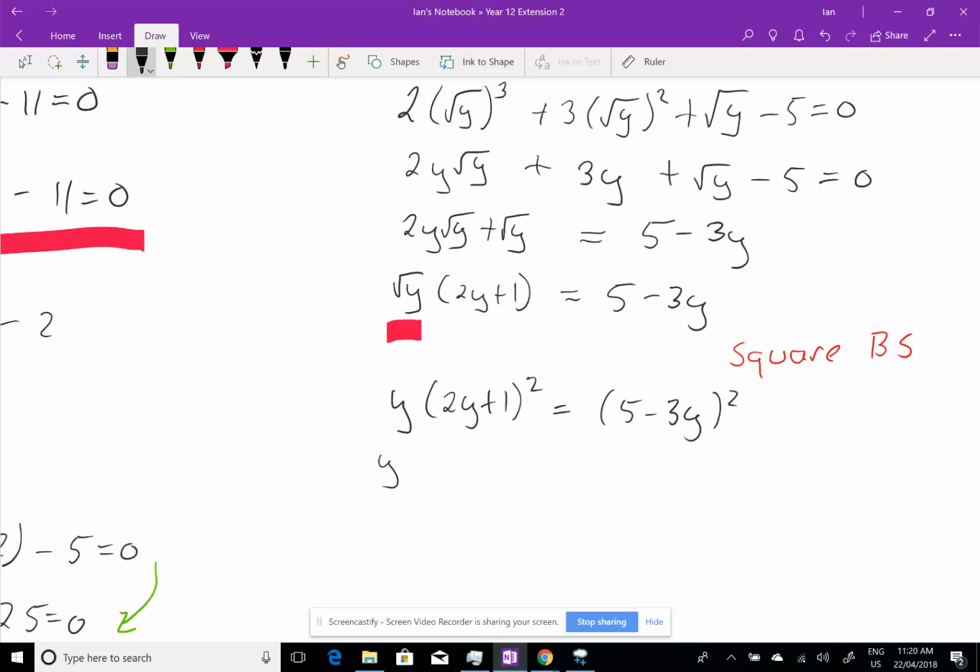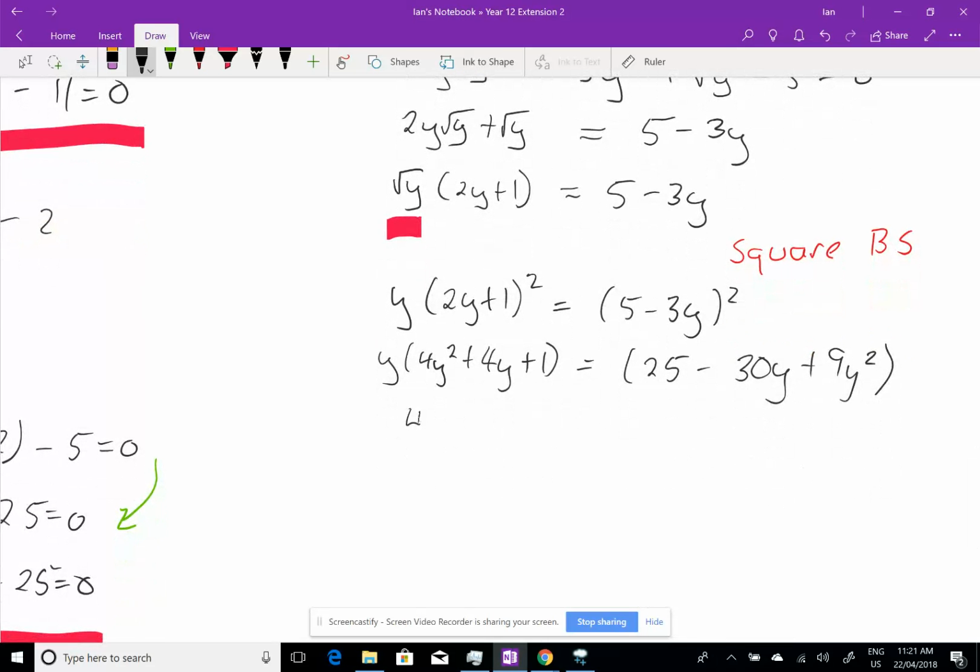So I'll get y outside of (4y squared plus 2 times that's 4y plus 1) equals 25 minus 30y plus 9y squared. So I get 4y cubed plus 4y squared plus y equals 25 minus 30y plus 9y squared.